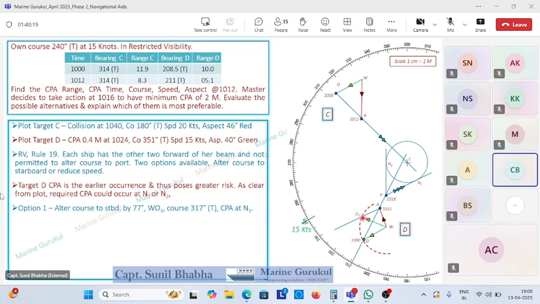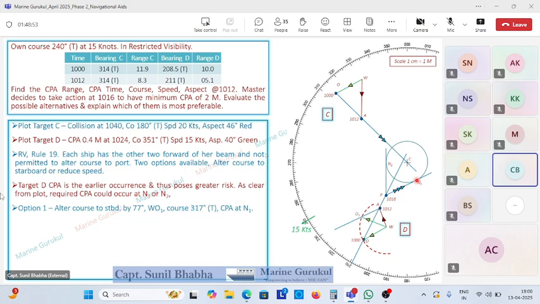If the own ship's course becomes W Oscar 1, then the triangle which we will have will be W Oscar 1 A. The relative line of approach will become O1A, and effective at 1016 hours, that is at point Papa, this relative line of approach will take the target on Papa November 1 track, and when it reaches November 1, it will have a CPA of minimum 2 nautical miles.